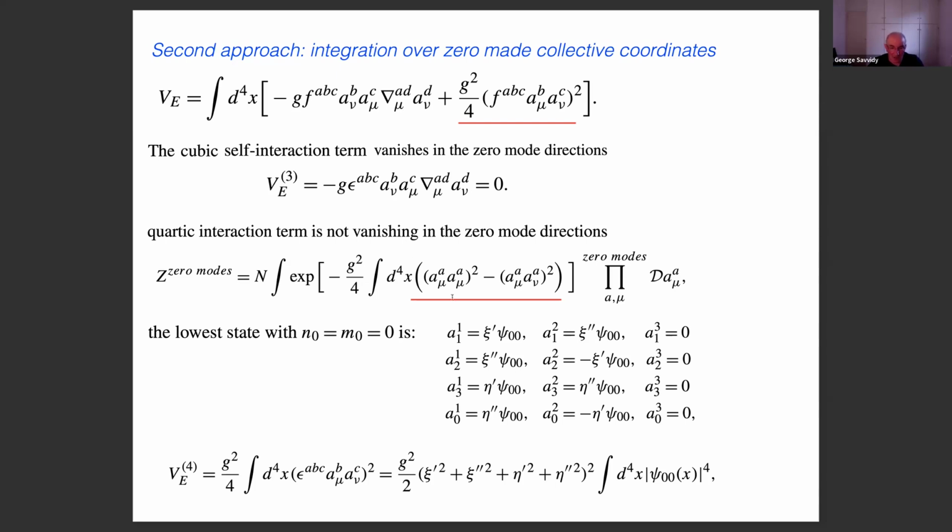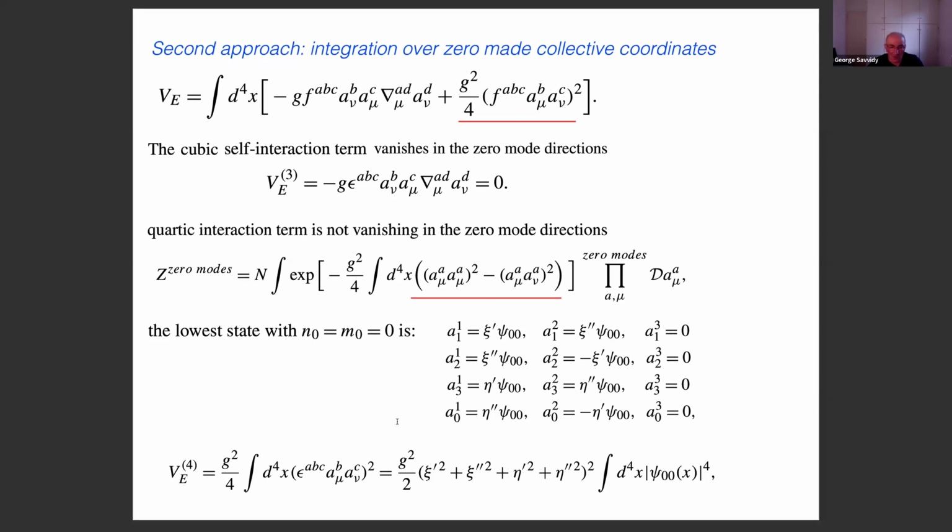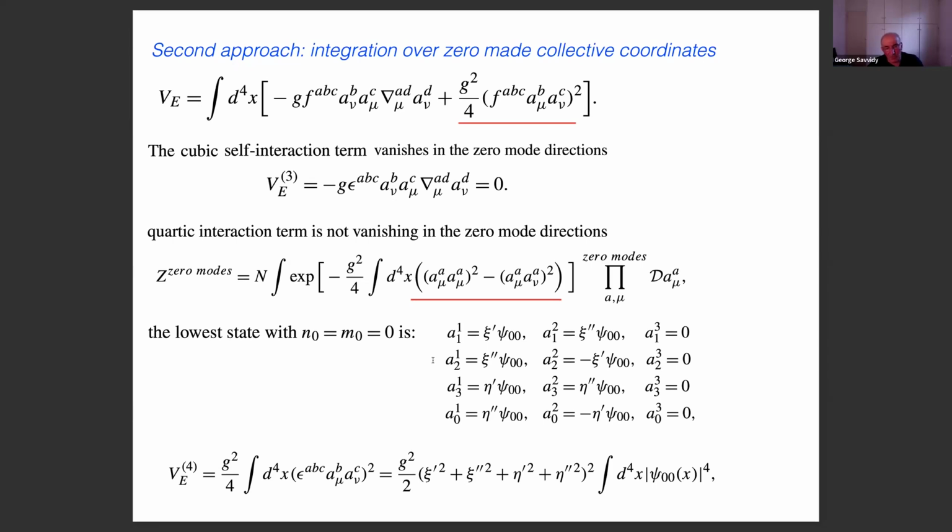So this is a quartic term, and we have to integrate over all zero modes. So just for transparency, I take the first zero mode with n and m equal to 0, which is written here. The amplitude, you see, is psi prime. Psi prime is the real part, psi 2 prime is the imaginary term. And here again, eta and eta 2 prime.